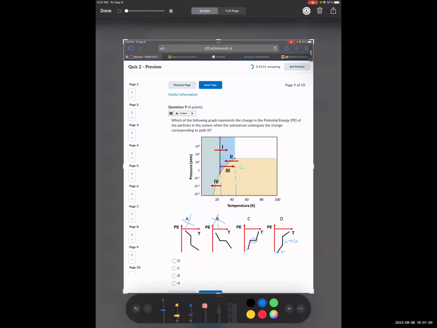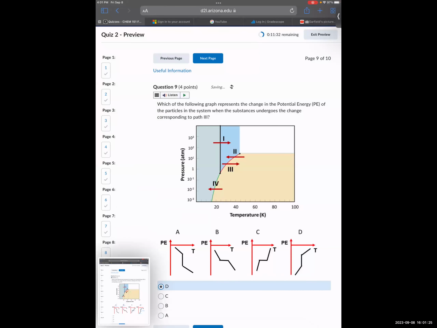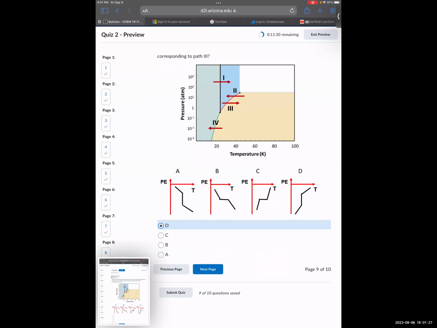During that, the temperature remains constant at the boiling temperature, but the potential energy increases a lot because interactions are weakened a lot. Once everything is converted to gas, again, with temperature, potential energy increases slightly. So option D is the correct diagram here. So we selected that.